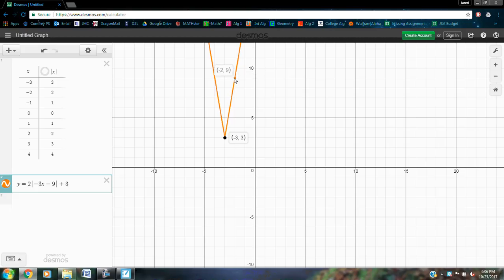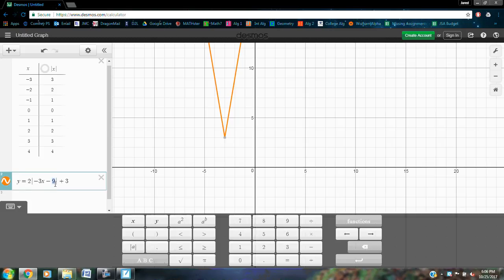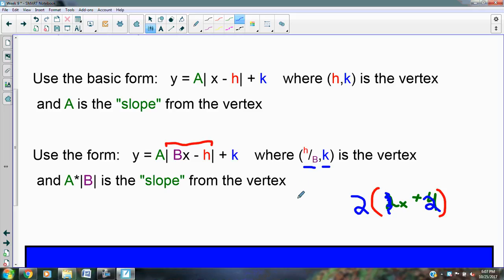Negative 2, 9. We went up 6 and over just 1. Again, because 2 times absolute value of 3, but we did 9 divided by negative 3. So that is the more complex or trickier version if there is a b, if there's something in front of your x here. If there's not, you can just use this form and it keeps it nice and easy.